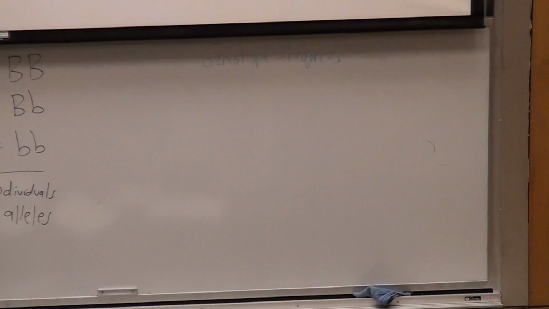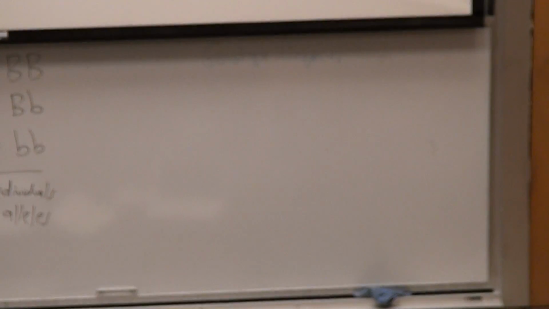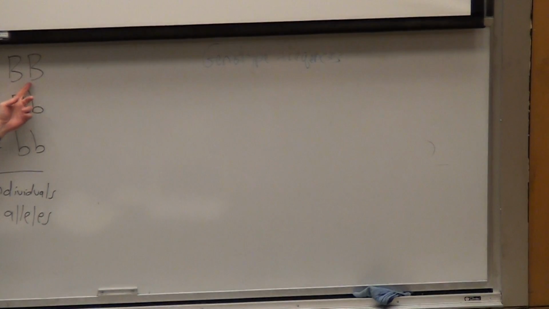The genotype frequencies, which I didn't put in your notes, but I should have, are just what percentage of the population holds any particular genotype. There's really only 3 genotypes: homozygous dominant, heterozygous, or homozygous recessive.